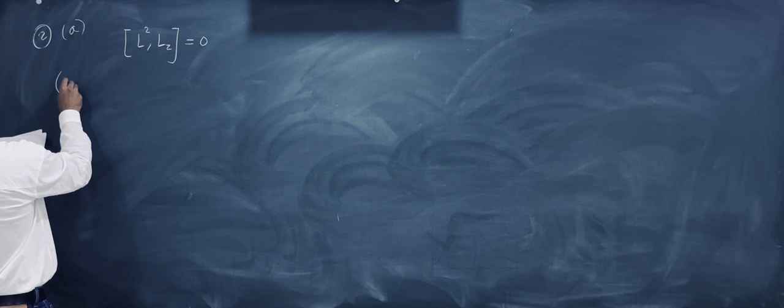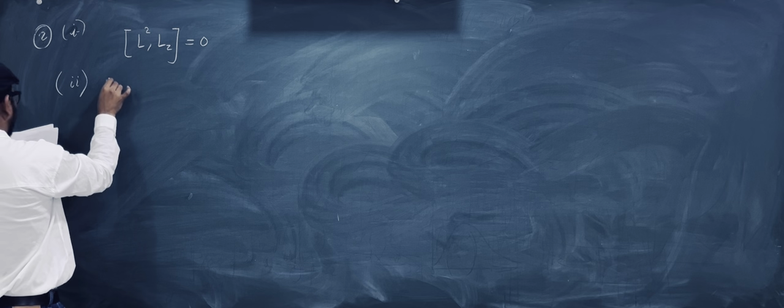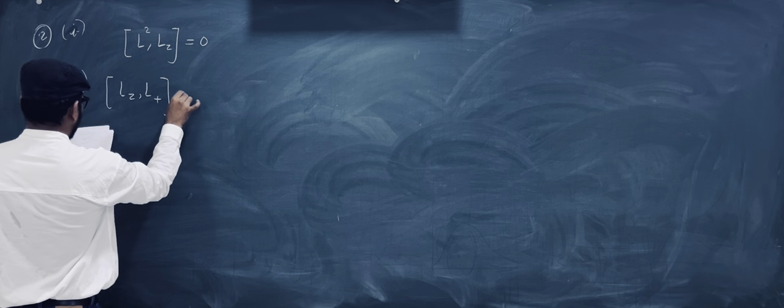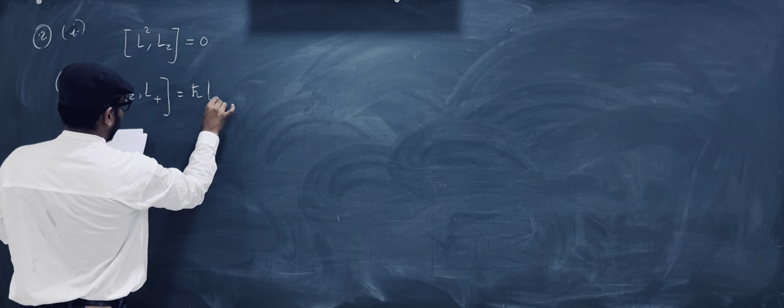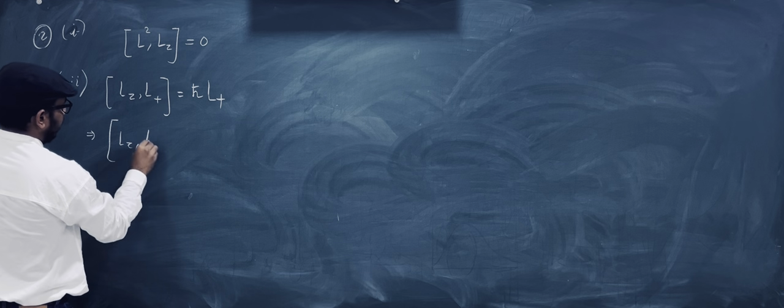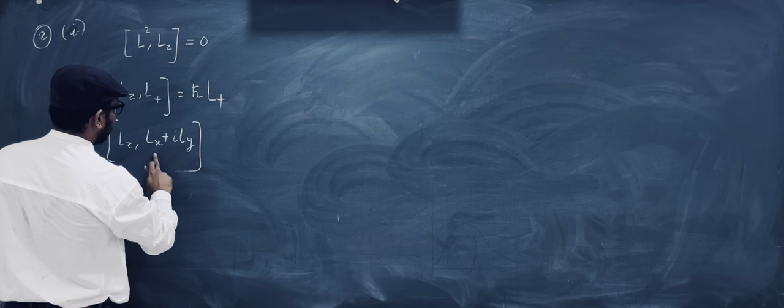The second part is prove that Lz L plus is h cross L plus. So we can start here. So it's Lz Lx plus iota Ly. We have to prove this is equal to this.